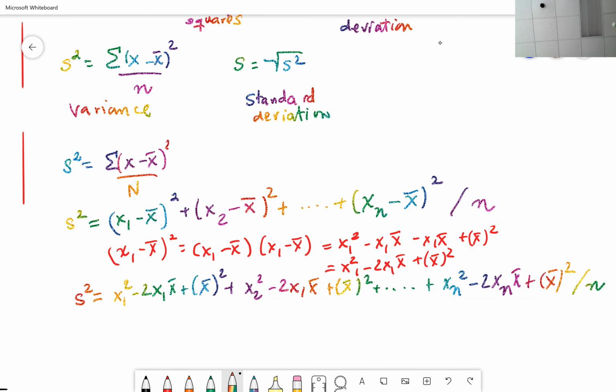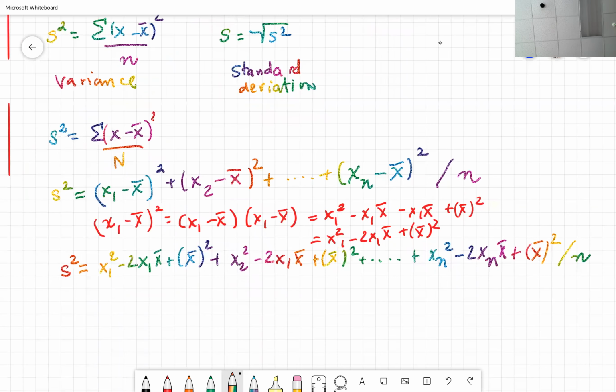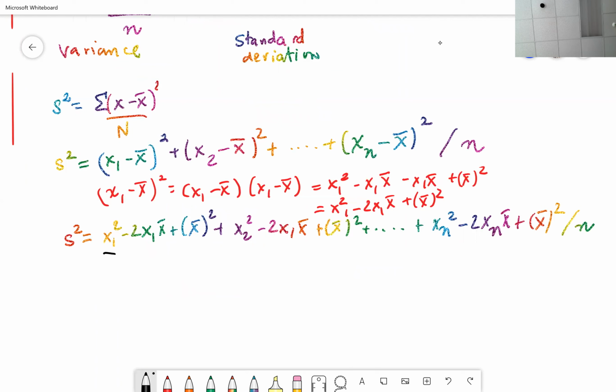Okay, fine. Now, if you take a look at this, you have 3 groups of things happening. You can group this guy together, this guy together, and this final guy together. So basically s squared equals x of 1 squared plus x of 2 squared plus dot dot dot x of n squared.